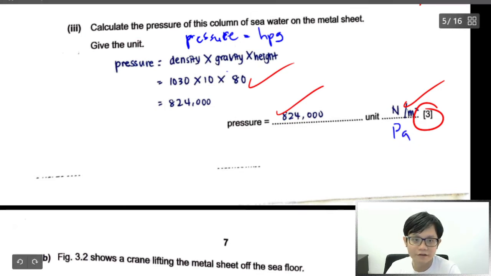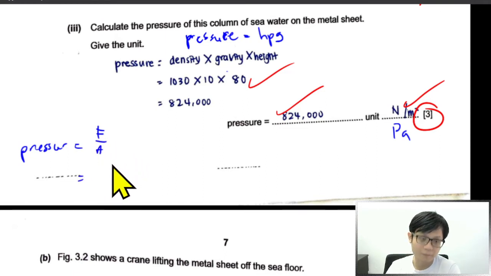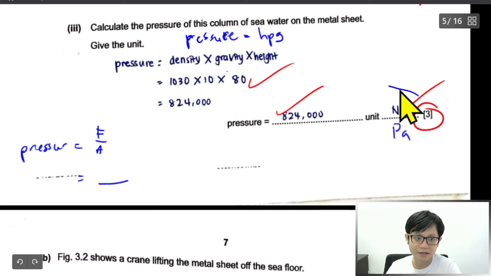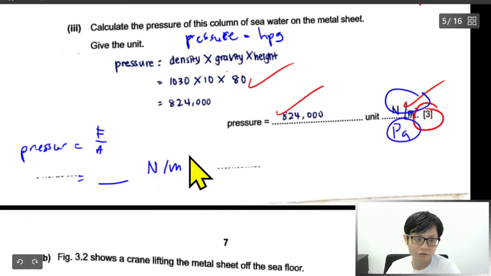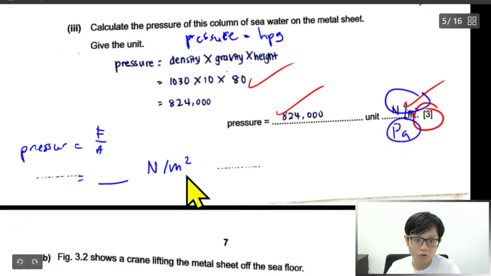Another formula for pressure that you need to know is F over A, which is force divided by area. Then your answer can be in these two units: N over m to the power of 2, or you can write it in terms of Pascal.